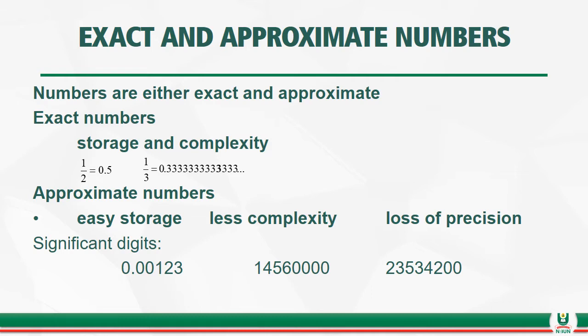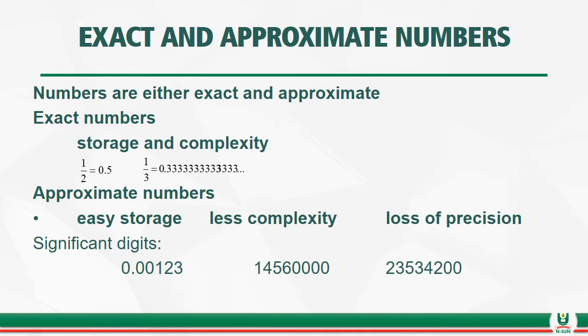On the other hand, I have 14560000. The most significant, according to the rules as shown in your course material, is 1, and the least significant in this case is 6. The 0000 are not significant.